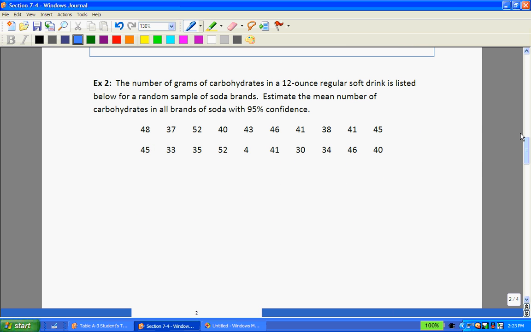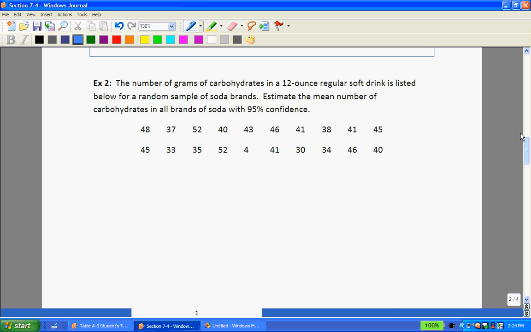Example 2. The number of grams of carbohydrates in a 12-ounce regular soft drink is listed below for a random sample of soda brands. Estimate the mean number of carbohydrates in all brands of soda with 95% confidence. So when it says, estimate the mean number with 95% confidence, that's basically saying find a confidence interval.